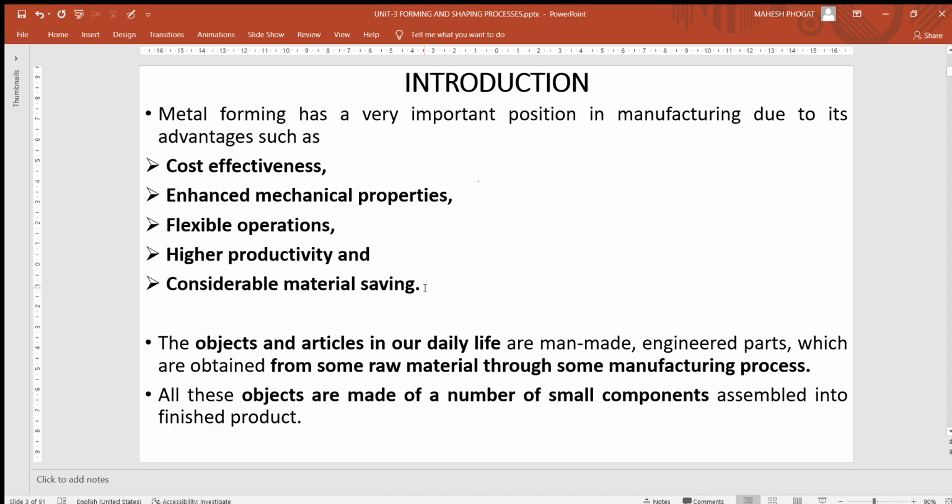Now in your day-to-day life, you are available with various kinds of equipment, components, things, engineered parts, you can say. These components are made up of some small other components. For example, if you take the example of a tube light, or a fan.